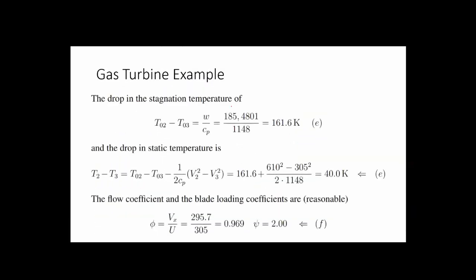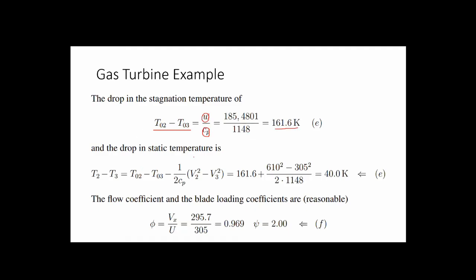And the drop in stagnation temperature, T02 minus T03, is equal to specific work over the specific heat. The specific work we calculated in the previous slide, and the specific heat value is given in the question. So we get the drop in stagnation temperature equal to 161.6 Kelvin.